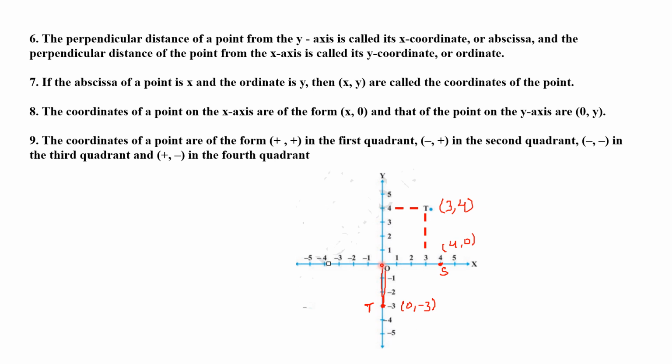In the third quadrant, the x-axis is negative and the y-axis is also negative, so it is minus, minus. And in the fourth quadrant, the x-axis is positive and the y-axis is negative, so plus and minus. So this was the summary of this chapter which I covered in my previous video. Now I'm going to start with the exercise questions.